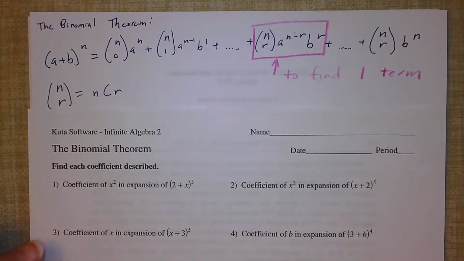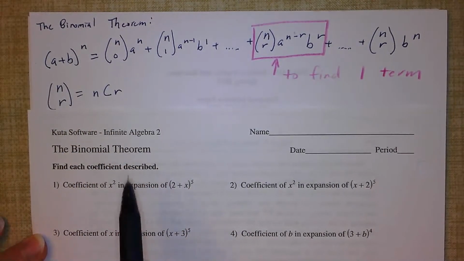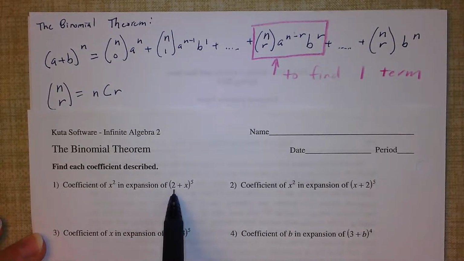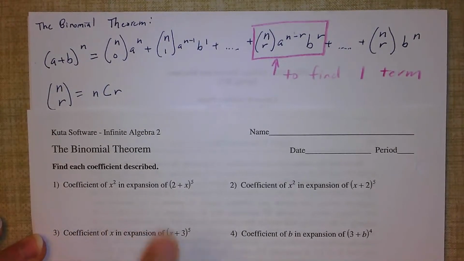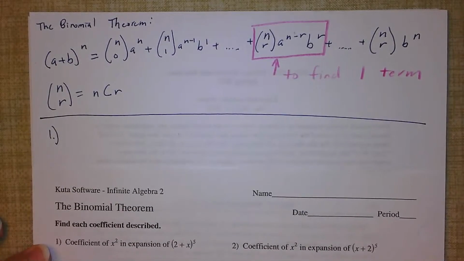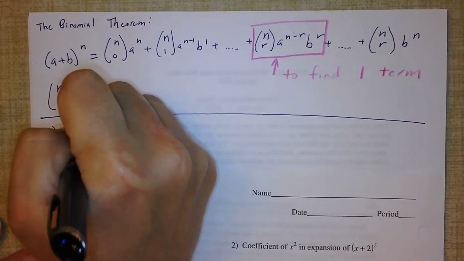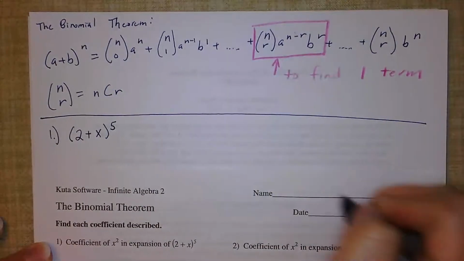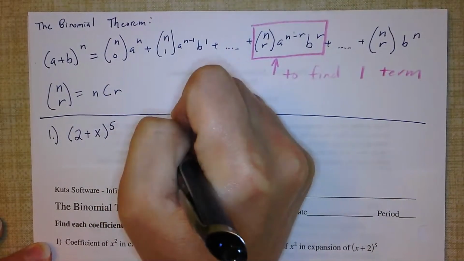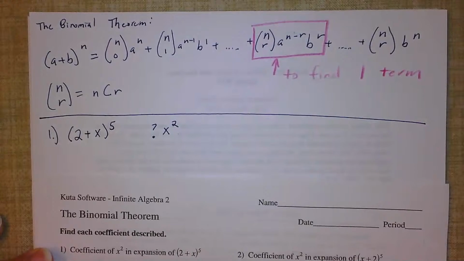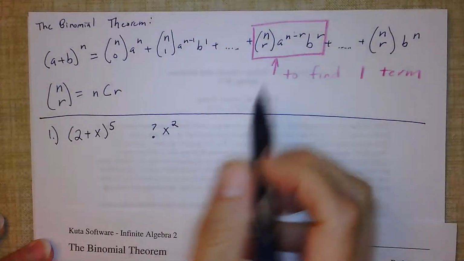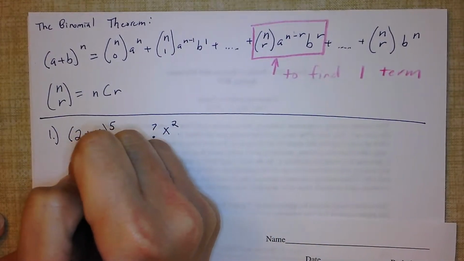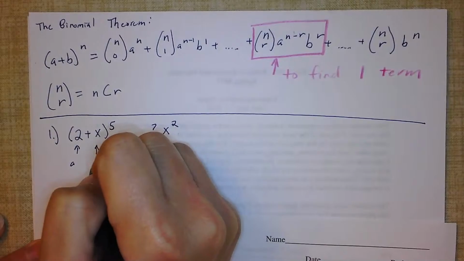So problem number one is asking us to find the coefficient of x squared in the expansion of (2 + x)^5. There's really not enough space here for me to write, so I'm going to write over here. So we have (2 + x) to the fifth power, and we are looking for what is in front of x squared. Using our formula, 2 is a, x is b.